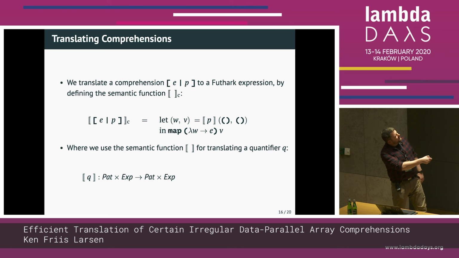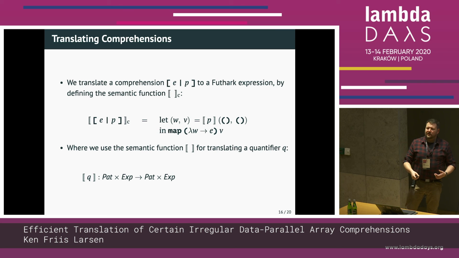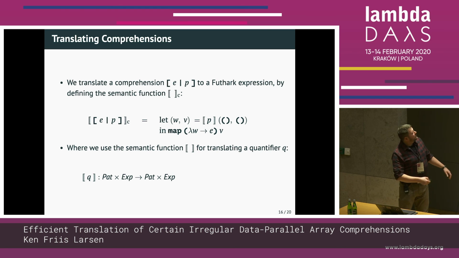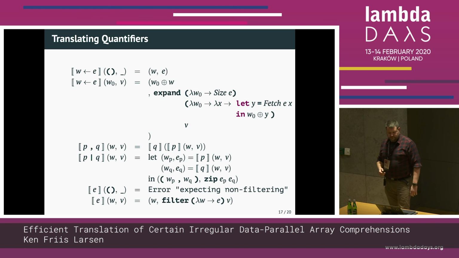Remember, this is actually a pattern, so it might deconstruct tuples and bind names and so on. And we translate both at the same time. So we take accumulating parameters, and then we return a pattern to bind in the map, and not the body, but the expression to map over.